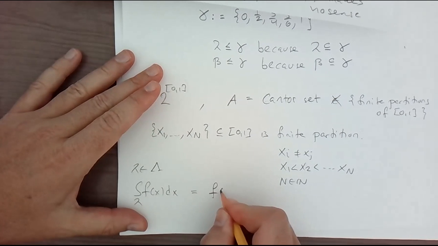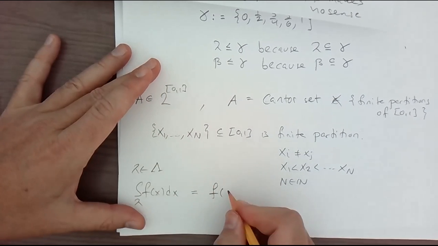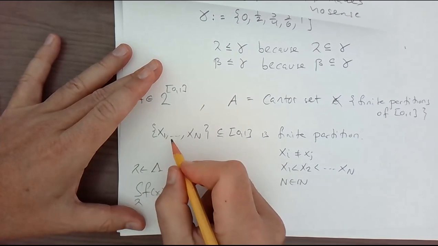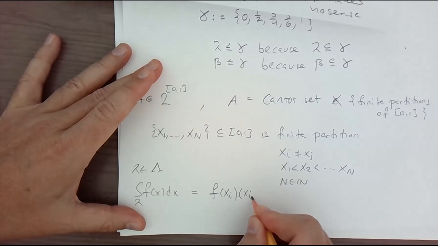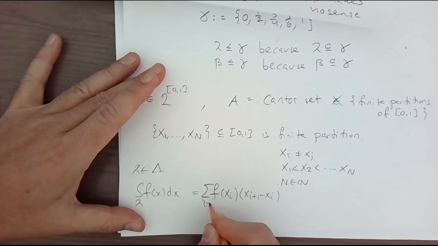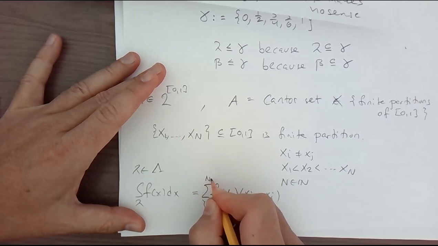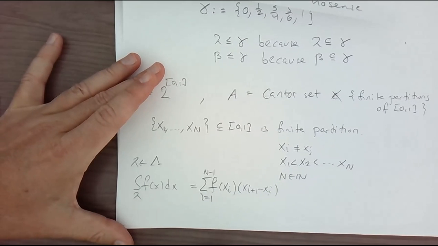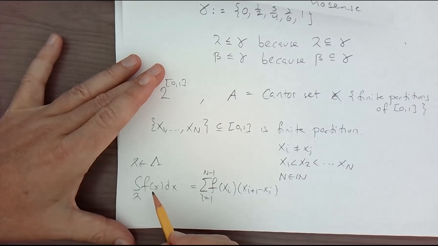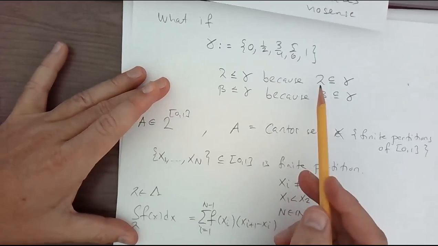So I could have f of, say, x1 times x2 minus x1, so x(i+1) minus xi, right? And then I'll have a sum over i from 1 to, say, n minus 1. And this is how I would integrate.